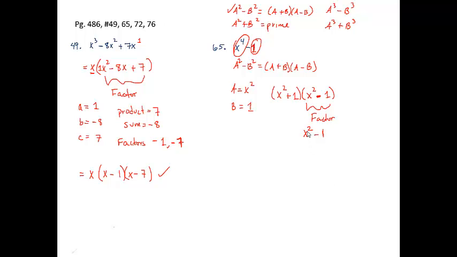So again, I'm looking at the form a squared minus b squared. The 2 is still even, and 1 is still a perfect square. So again, the first term helps you determine the a, and that is x. And the second term helps you determine the b, which is just 1. So when you write your final answer, do not forget about the x squared plus 1.